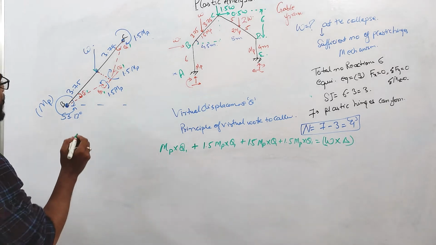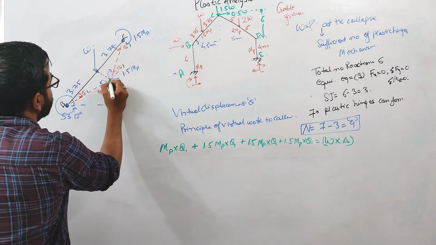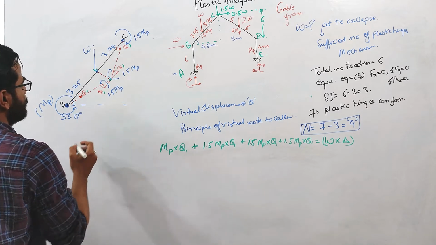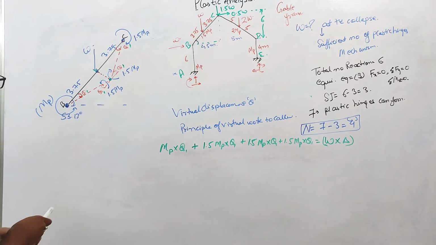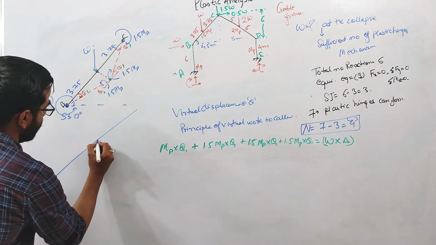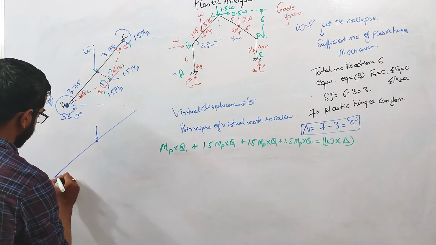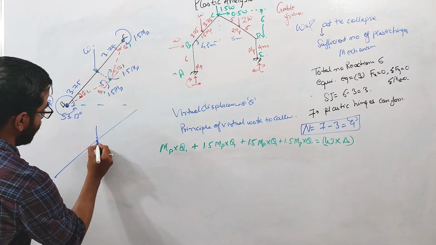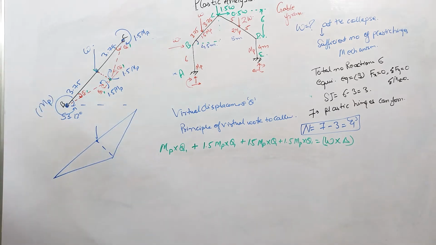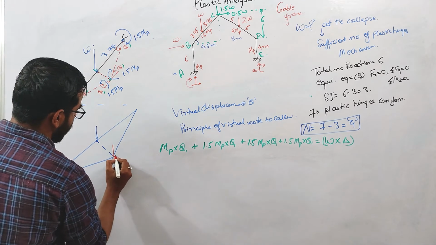The delta we need to consider is when you are applying the rotation. Let us draw again here. Let us suppose this is our member. Now the plastic hinge is forming and it deflected like this. This W load is acting at this point.